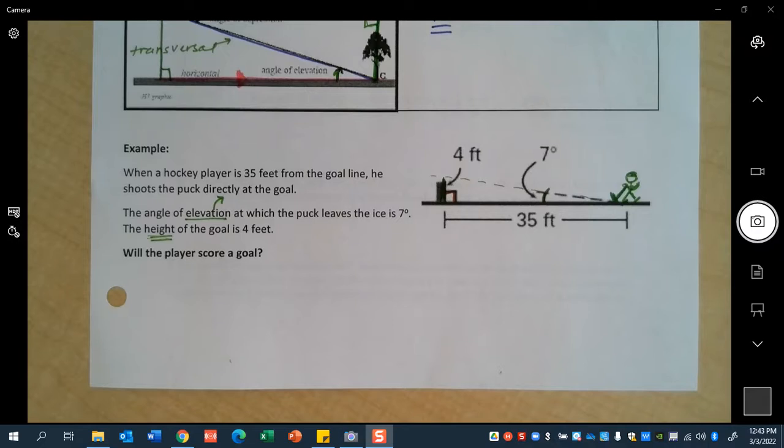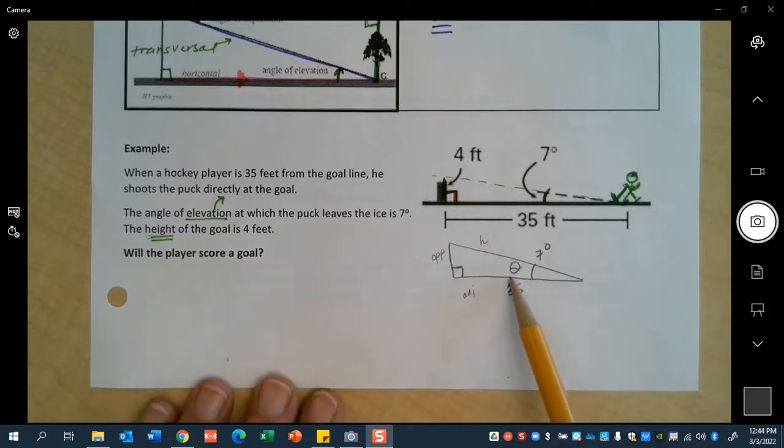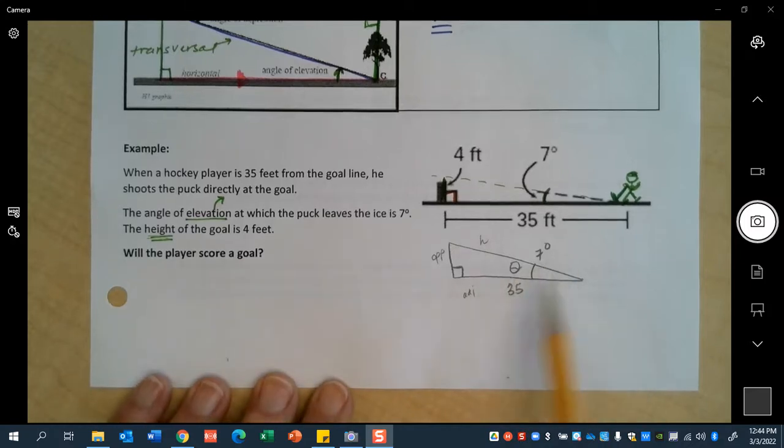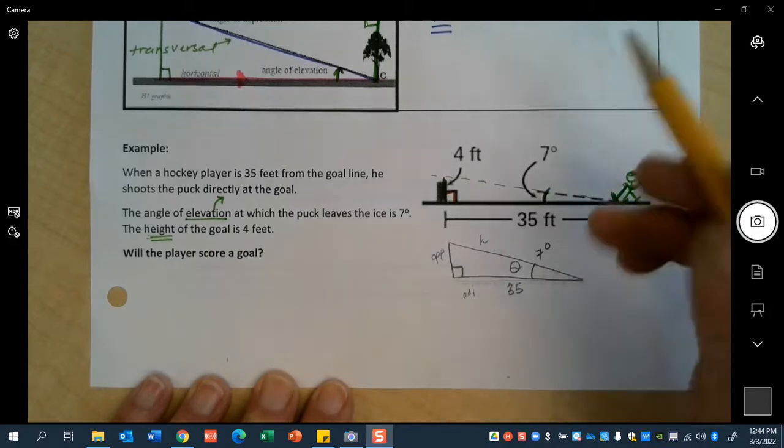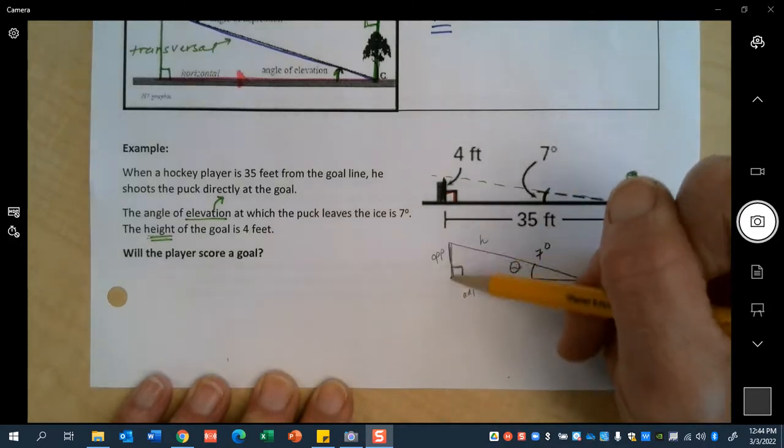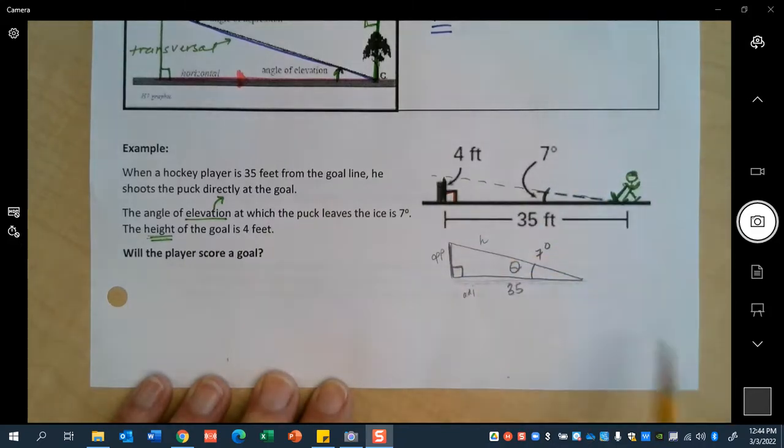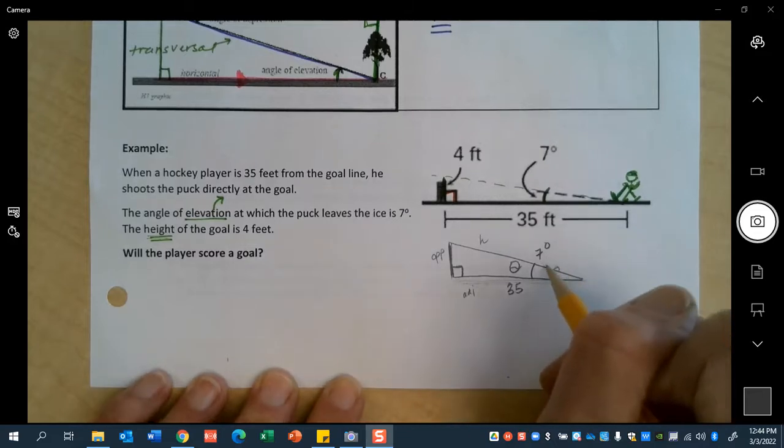Talk to your group mates about strategies and how you could answer that question. Go. All right, so if you draw a triangle, here's your theta, 7 degrees. Here is your adjacent leg with a distance of 35. I need to know how tall this is because here is the path of the puck.